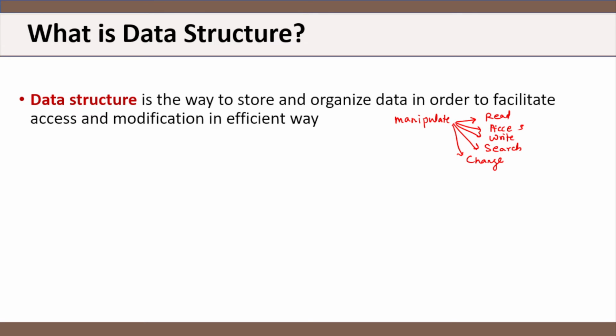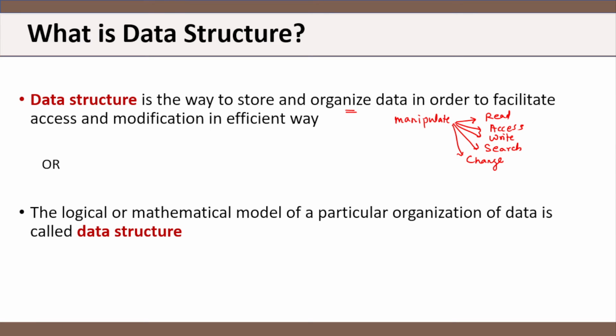So, whatever data that we are storing, we need to organize that data in such a way that all these operations are efficient to work with. And the way how we store and organize the data for efficient manipulation is nothing but data structure. In a more formal way, we may define data structure like this: the logical or mathematical model of a particular organization of data is called data structure.